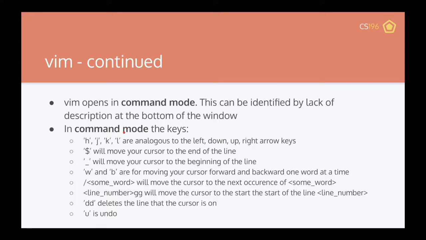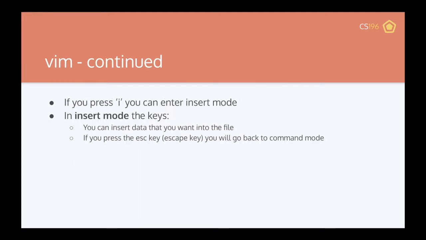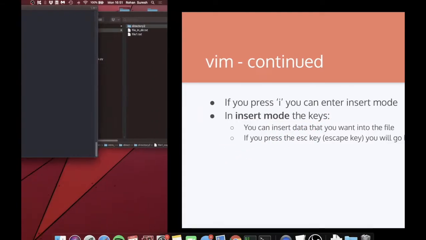So command mode is a really great way to quickly navigate through your file and have quick interaction with the file itself. But how do we actually put stuff into our file? Well, if you press I, you can enter insert mode. In insert mode, you can use the keys normally. So you insert data that you want into the file, and if you press the escape key, you'll go back to command mode.